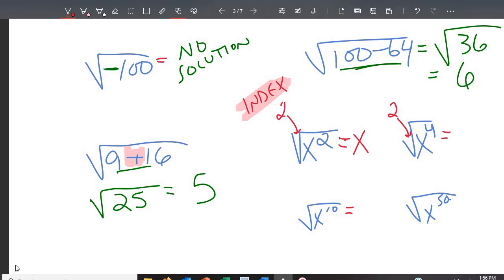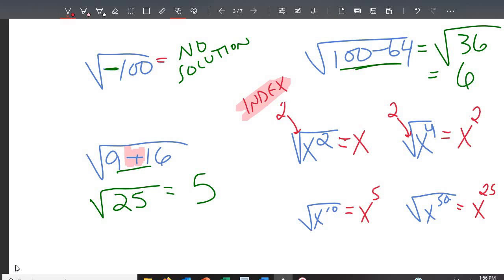The square root of x to the 4th is x squared. The square root of x to the 10th is x to the 5th. Square root of x to the 50th is x to the 25th. You're dividing the exponents by the index, and the index of a square root is 2.